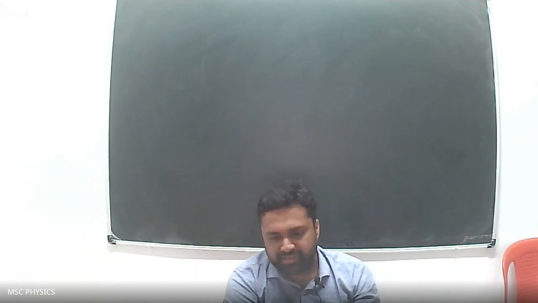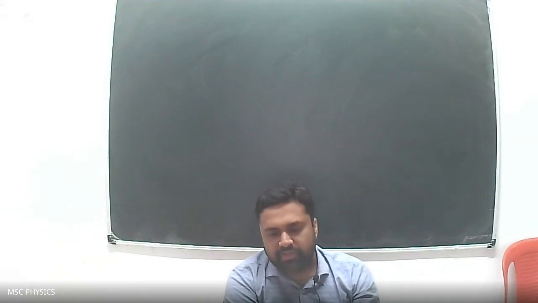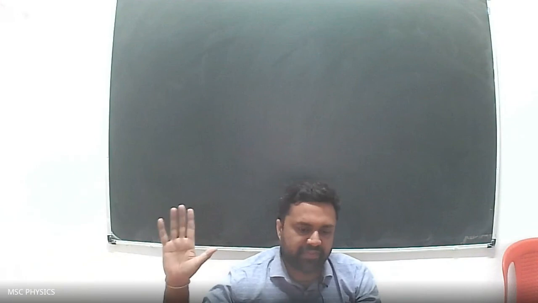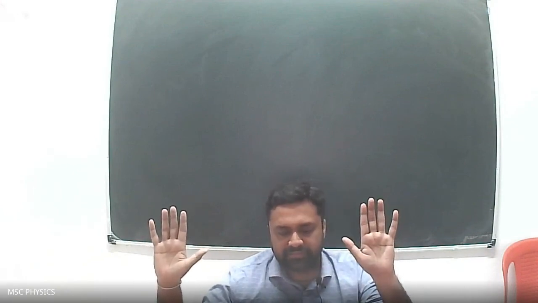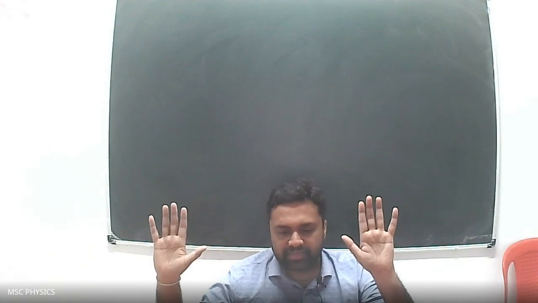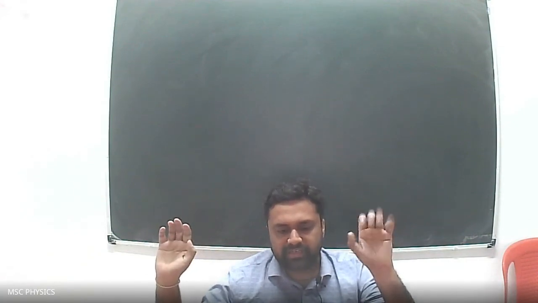I can give you the hint. Special relativity. There also we need to do the coordinate transformation because we have one reference frame which is at rest. We have another reference frame which is moving at some constant velocity. We have measured the coordinates with respect to this frame. We want to measure the coordinates with respect to this frame.